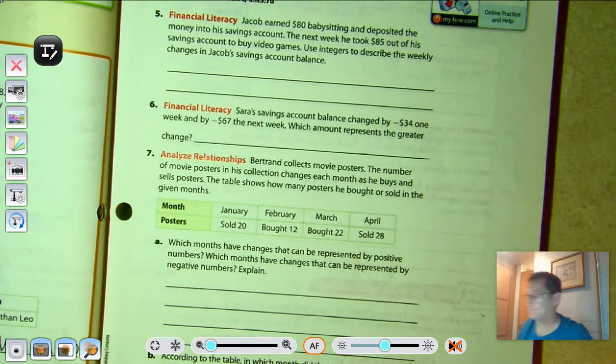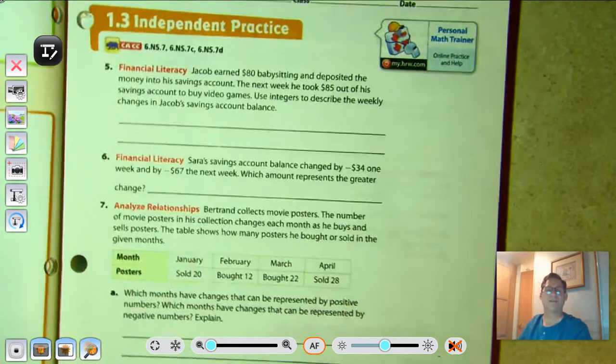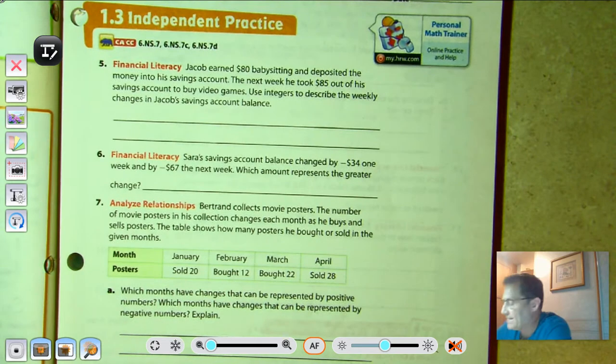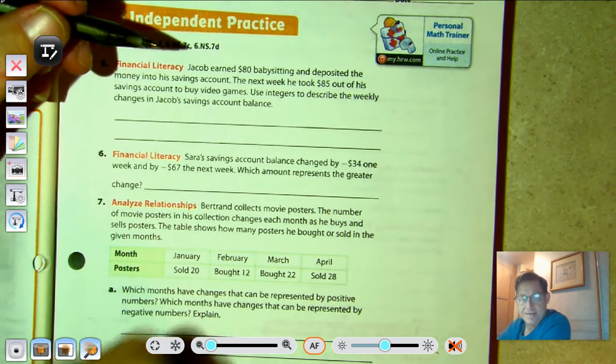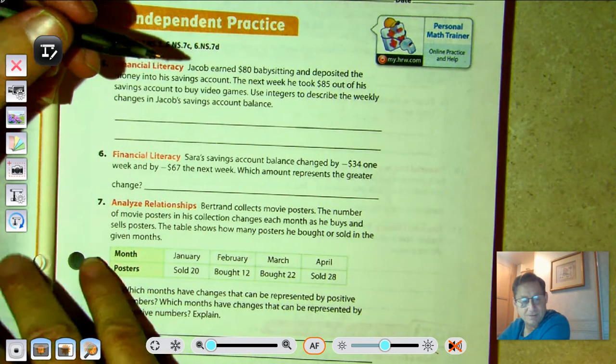All right, page 23. Number 5. Jacob earned $80 babysitting and deposited the money into his savings account. The next week, he took $85 out of his savings account to buy video games. Use integers to describe the weekly changes in Jacob's savings account balance. All right, well, the first one was he gained $80, right? So that's a plus $80.